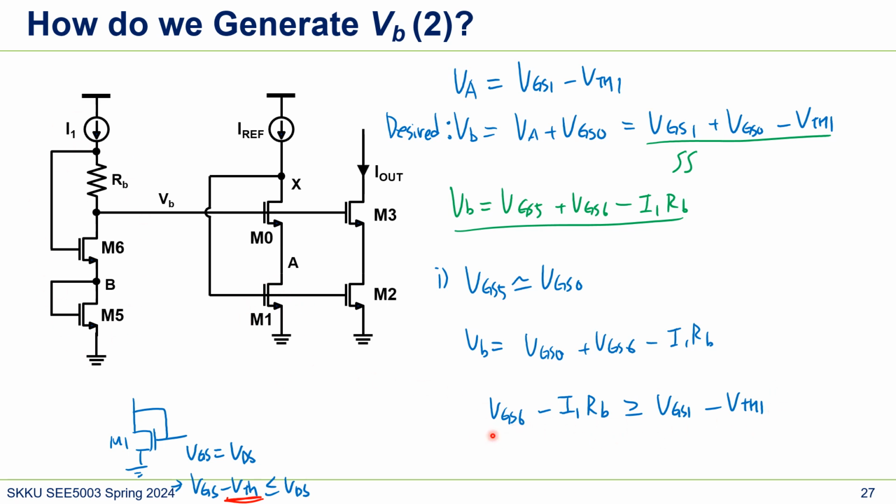If we meet this condition, then M0 and M1 are in saturation. If this is larger than this, then it gives more margin, like it's more saturation. If we set it exactly the same, then we're fully utilizing the headroom.